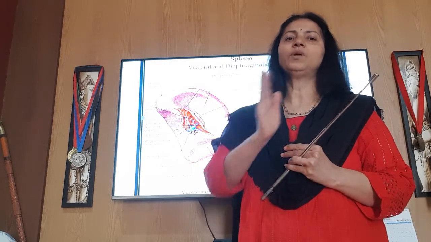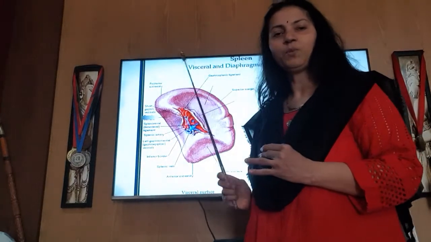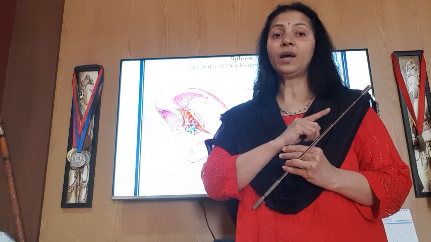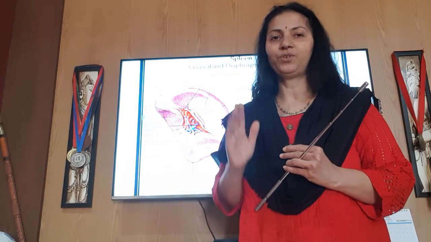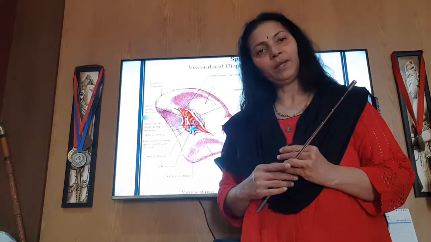And now we come to the extreme left, and that is the spleen. So spleen is lying in the left hypochondrium as well as a little bit of epigastrium. So these are the two regions occupied by the spleen.